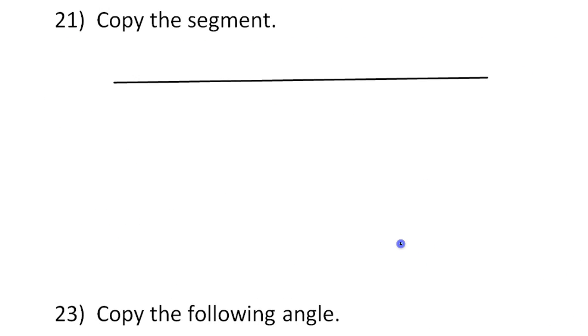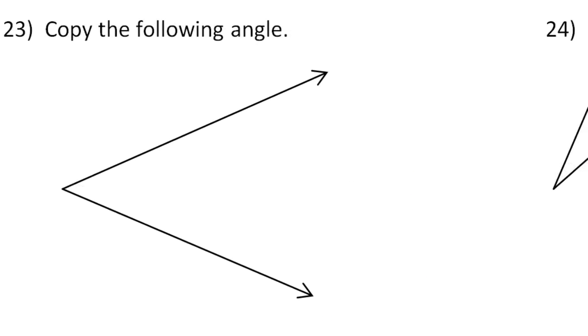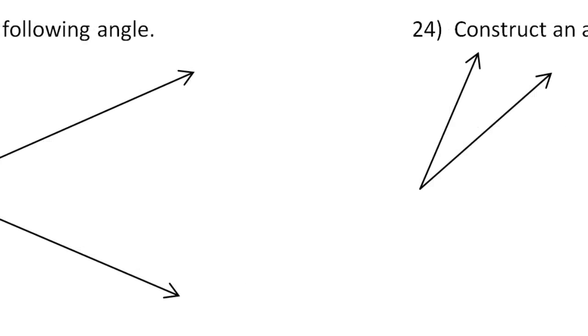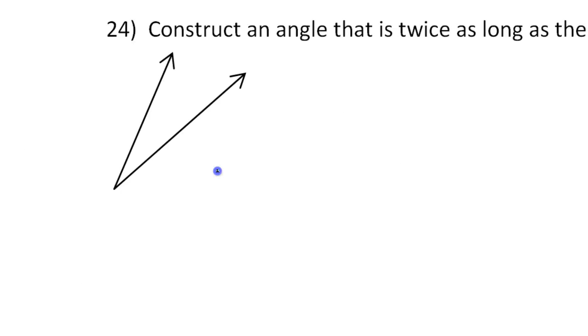And we'll finish up with practicing how we copy angles and construct an angle that's twice as big as the given angle. I'll see you on the next video for that.